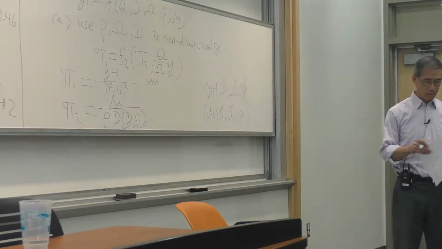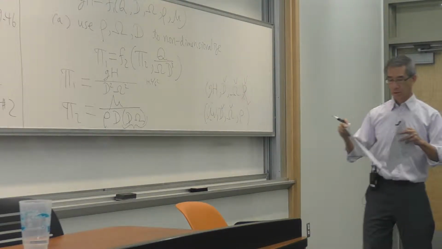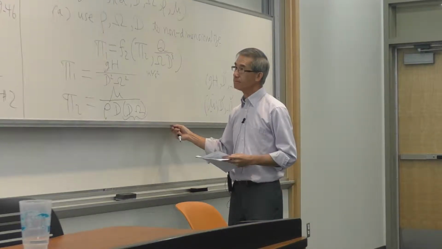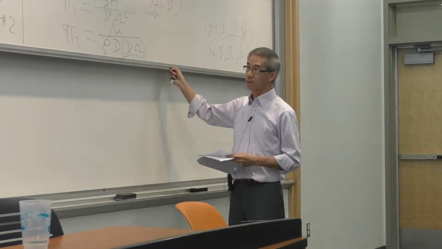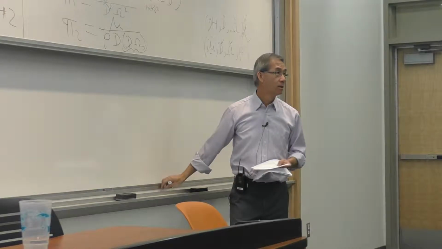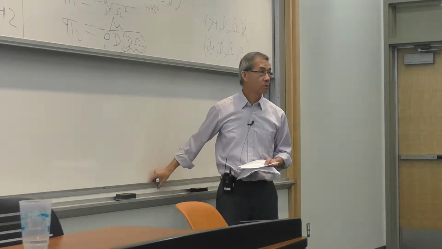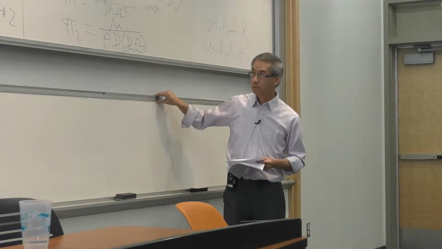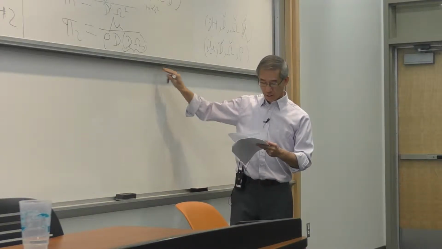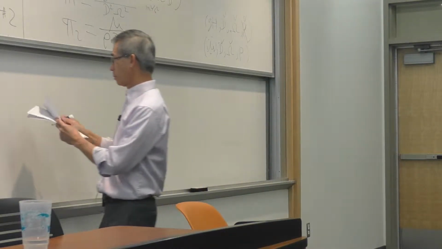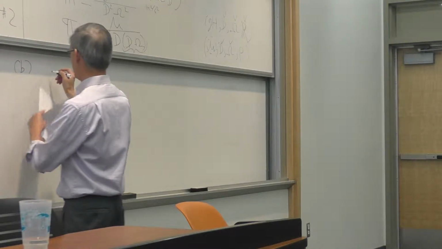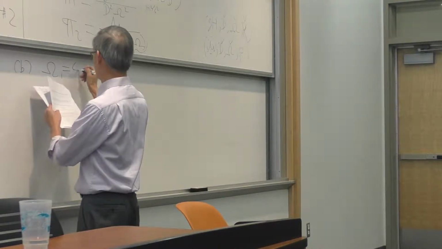Okay, the next part requires similitude using the result from part A. So if you didn't do part A right, part B will be wrong because they propagate, and you will lose credit because of that. So part B said, I have a pump with this characteristic.